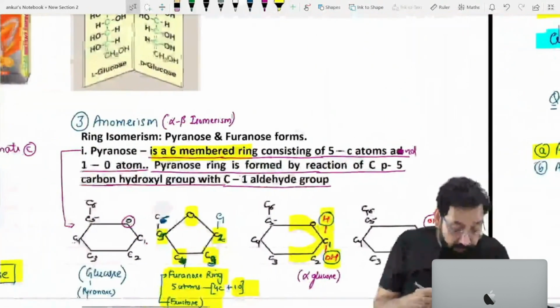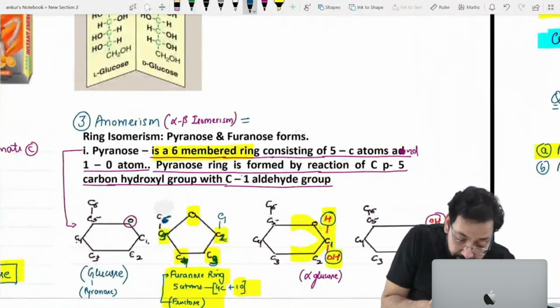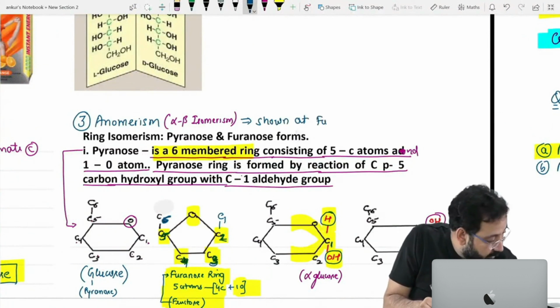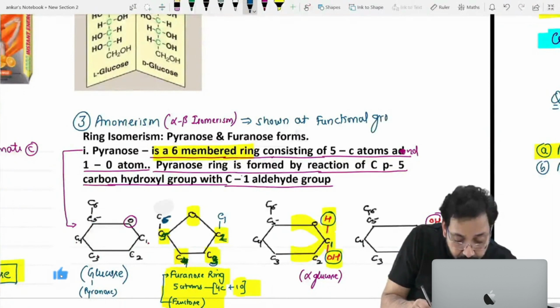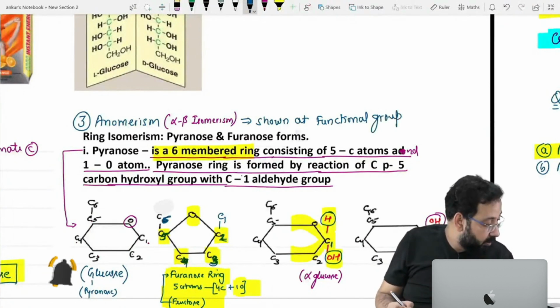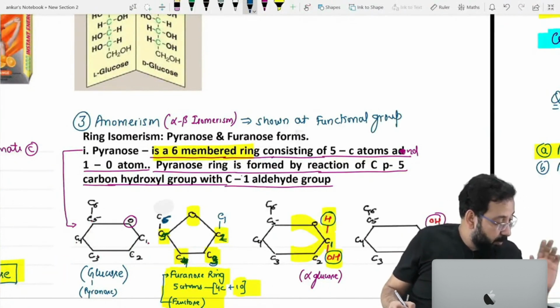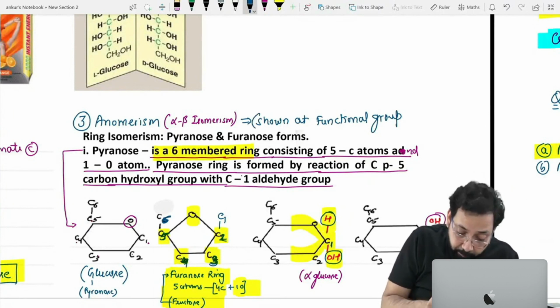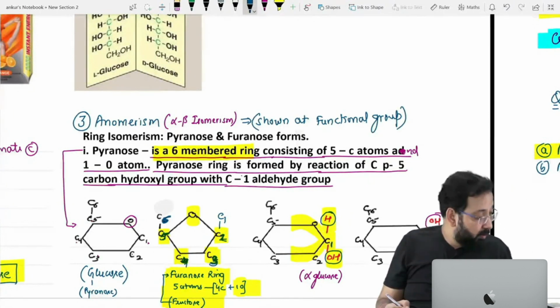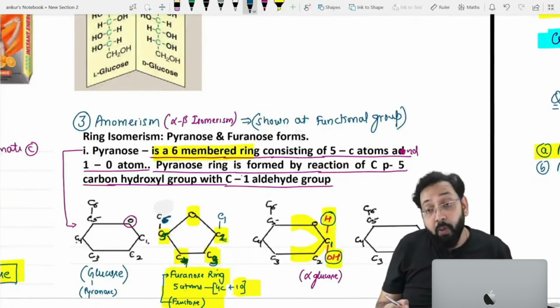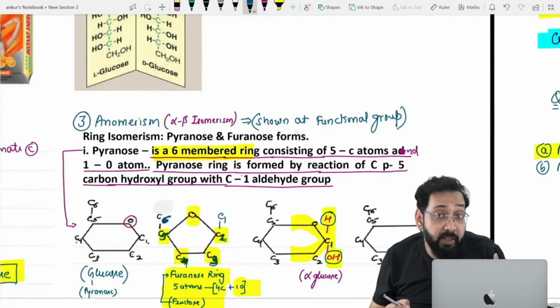So I can say anomerism is shown at the functional group. Clear? Got the point? So fructose will show anomerism at C1 or C2?